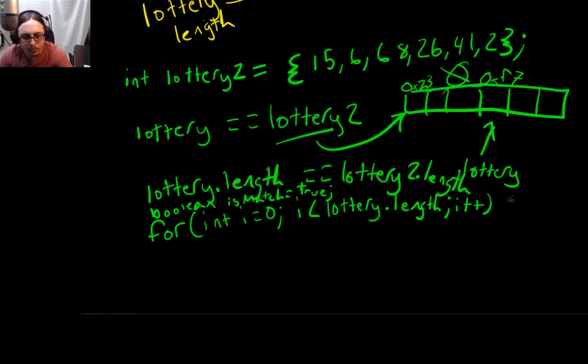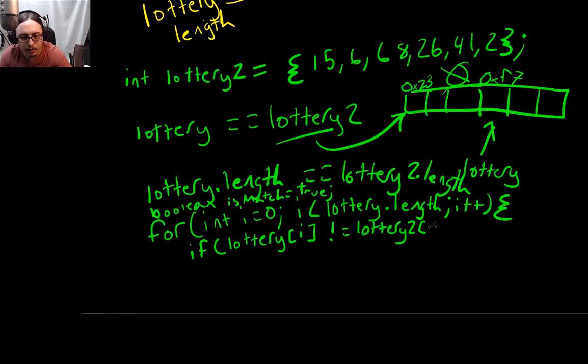And then in this for loop, we could say if lottery[i] is not equal to lottery2[i], then isMatch equals false.